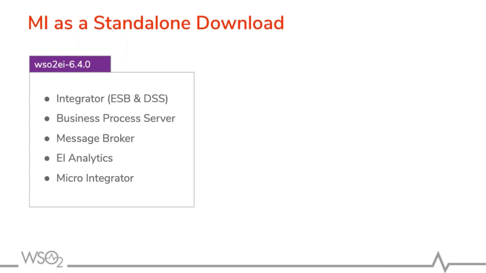So whoever wants to use the micro integrator had to run the micro integrator runtime that is available in the EI distribution. And if they want to separate it out and use it in a Docker image or whatever packaging they use, they have to run the profile creator and then create the micro integrator binary and then use that. This sometimes adds some additional steps to the developers who want to develop integrations with micro integrator.